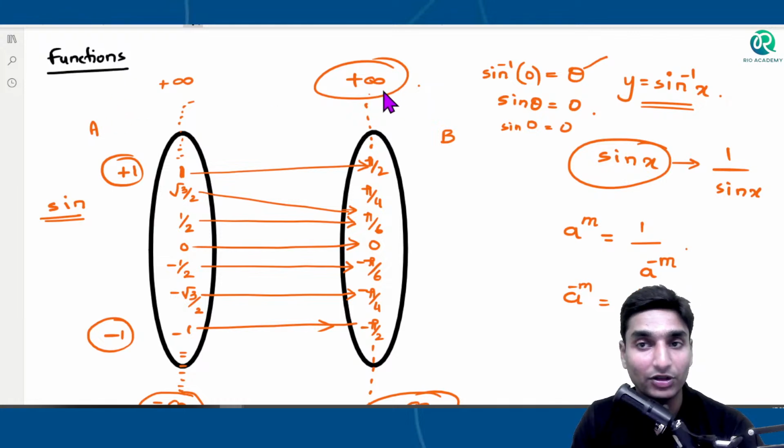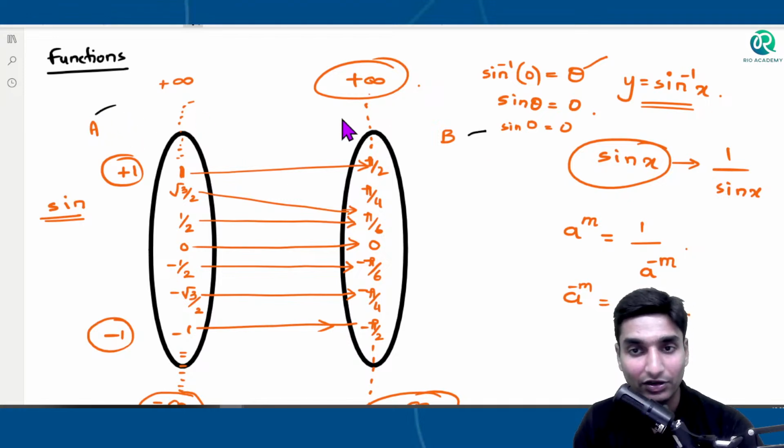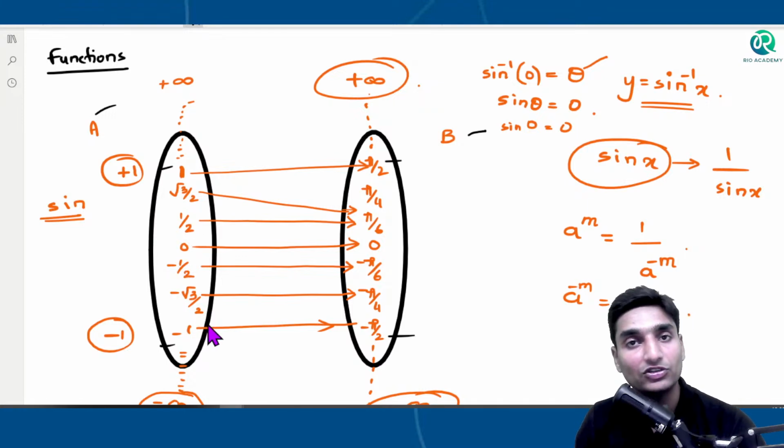It means this infinity cannot be called a function. Why? Because each and every element should be connected to the given particular sets A and B. If there are two different sets, they are known to be functions only if all the given elements in set A and set B are completely related to each other. None of the elements should be free.